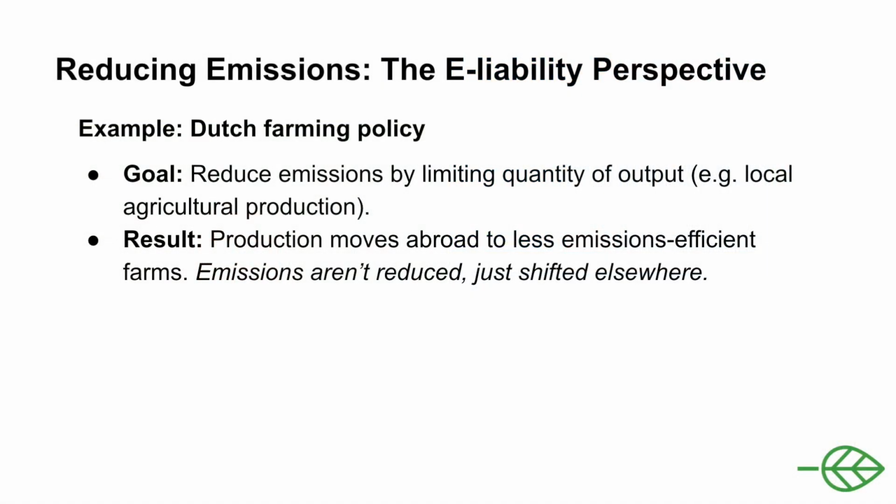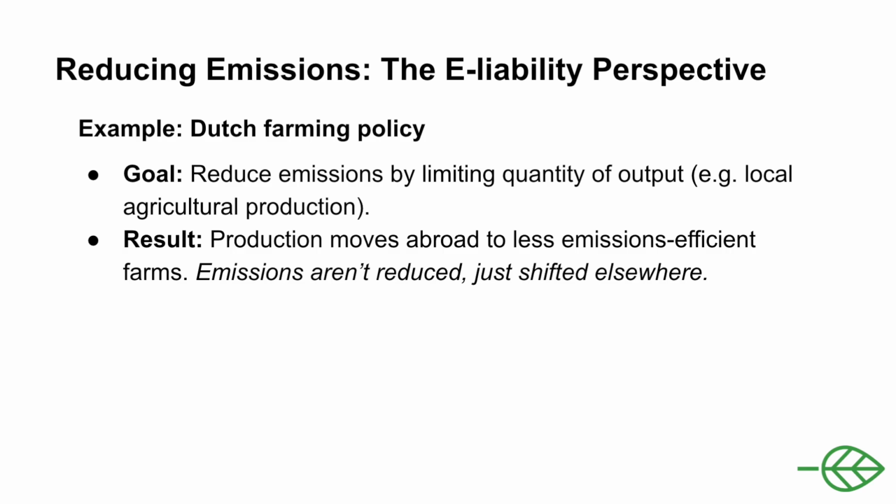But if you think about it a little bit, it doesn't make any sense to do what they were advocating, because the demand for food in the world is not decreasing. There's not an oversupply of food, and as the global South gets richer, they will consume more food. So the demand for the outputs of farms is only going to go up. And take the hypothetical. Suppose the Netherlands government was successful in reducing the quantity of output of farms in the Netherlands.